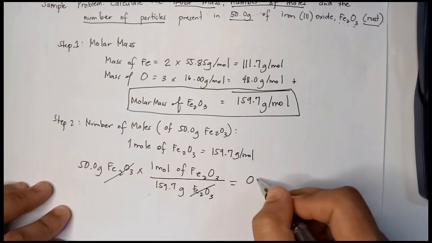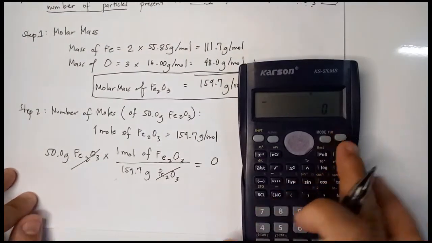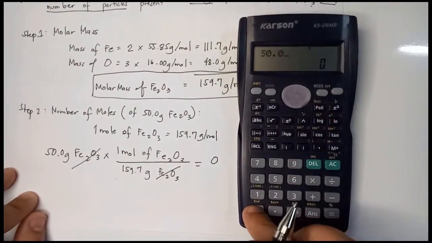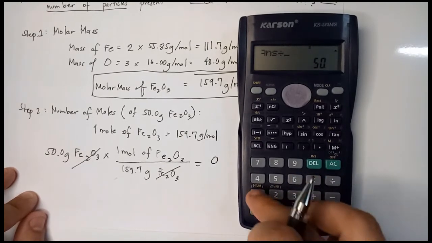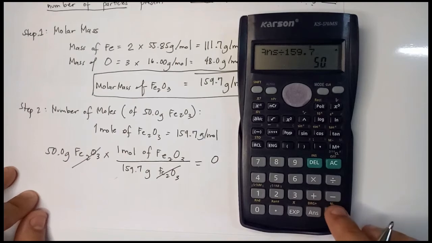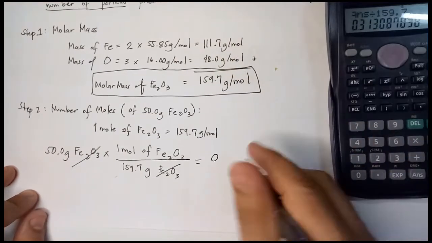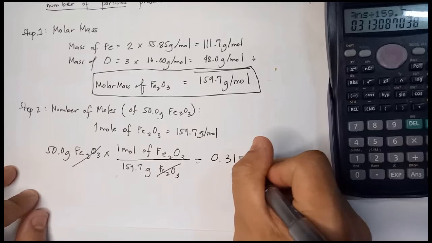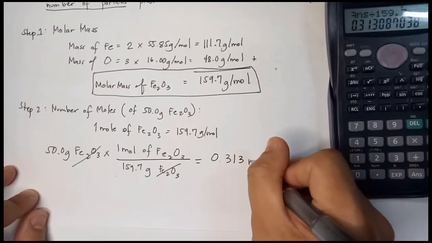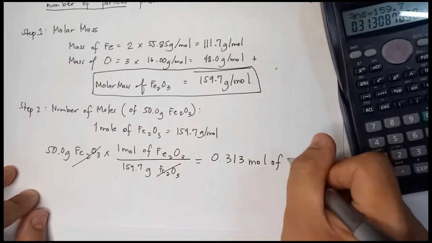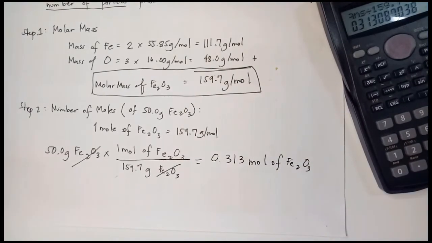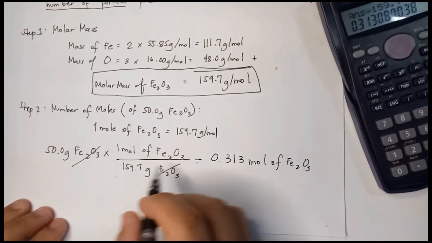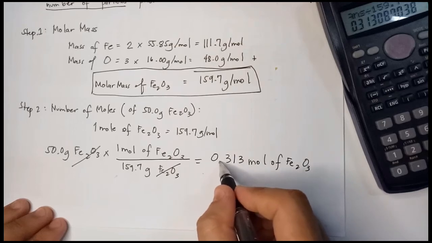So, computein natin. We have 50.0 times 1, 50 divided by 159.7. So, meron tayong 0.313 mole of iron oxide. So, meron na tayong sagot. So, the number of moles.